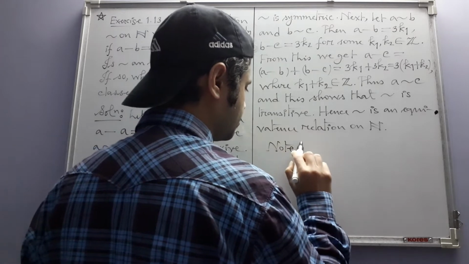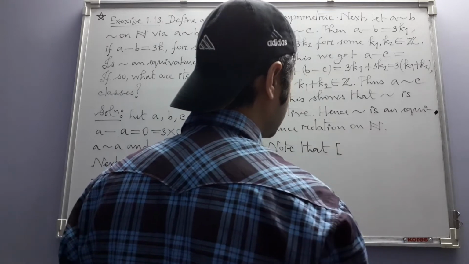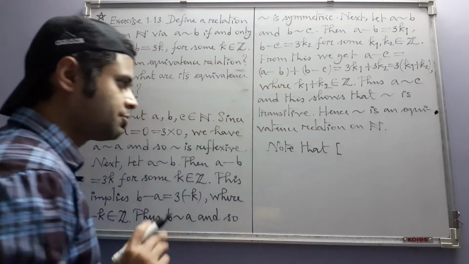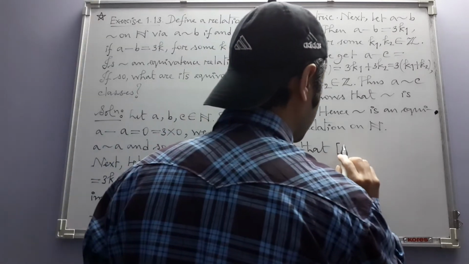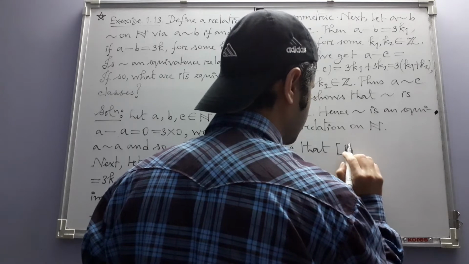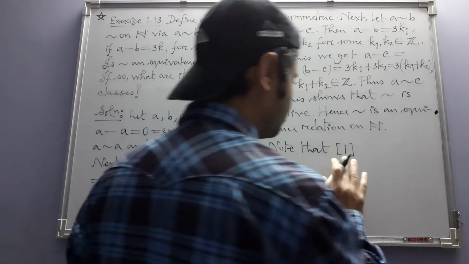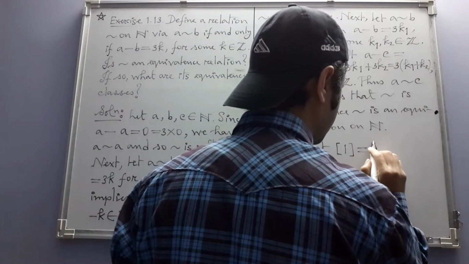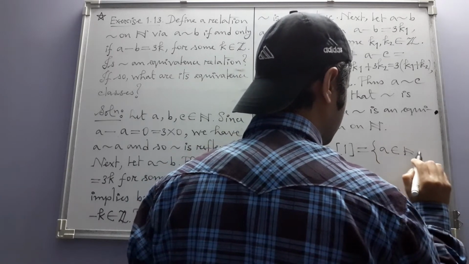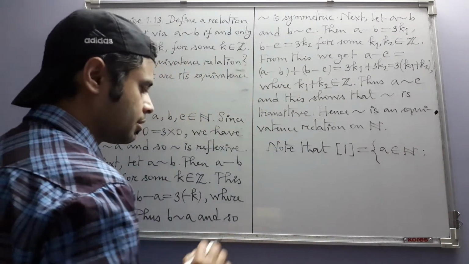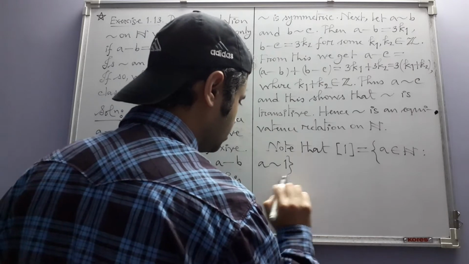Note that, because we are dealing with positive integers, the equivalence class of the relation that contains 1, by definition what is that? It consists of all natural numbers a such that a is related to 1.